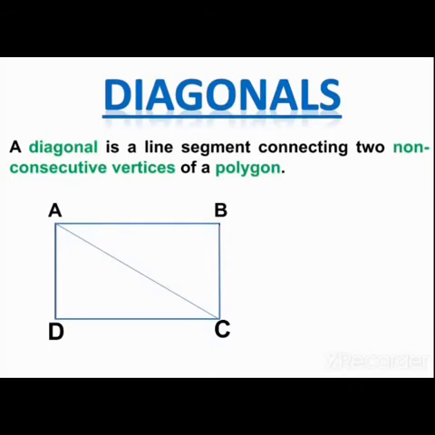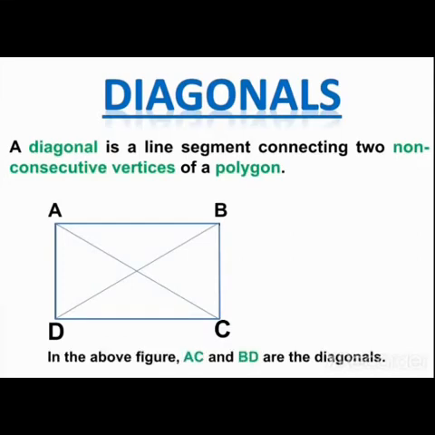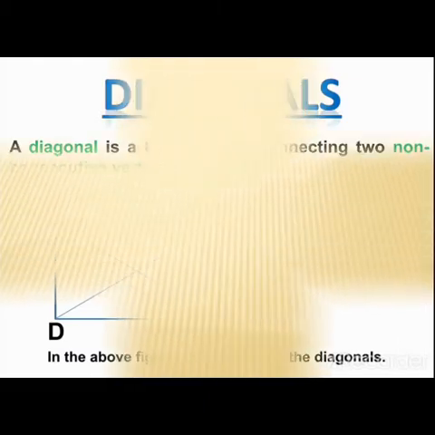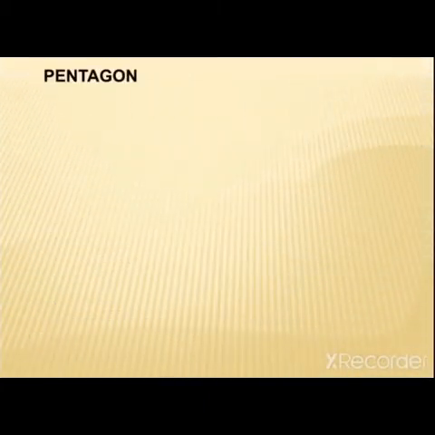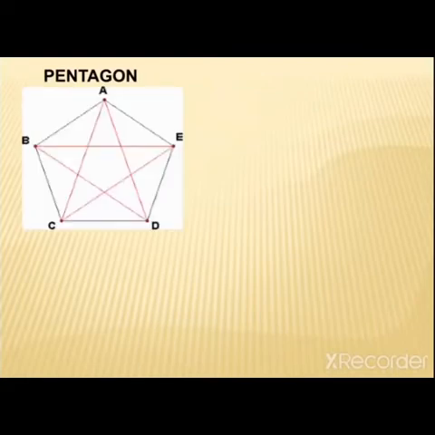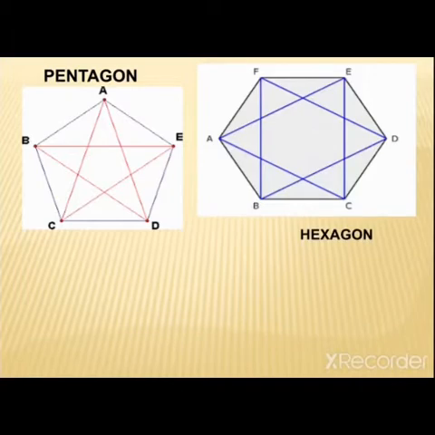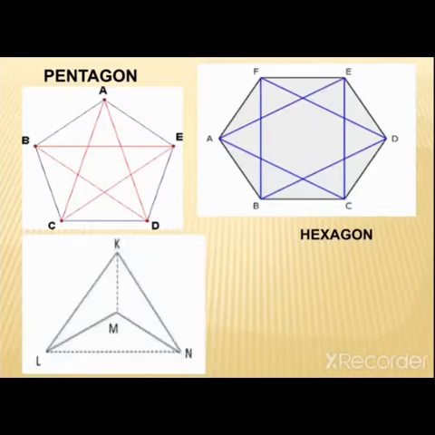Vertex A and vertex C are opposite. Then BD. It means in the above figure AC and BD are the diagonals. After that, in the figure of the pentagon, AD, AC, BE, BD are the diagonals of this pentagon. Same as in the hexagon and same as in the triangle. Dotted lines are given. So these are the diagonals.